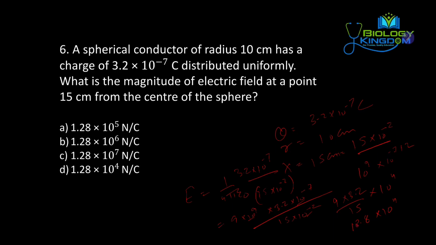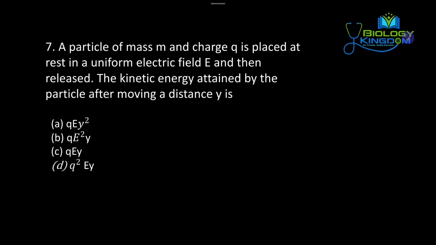And if we want to write it, we'll write it as 1.28 into 10 raised to power 5. If we multiply by 10 and divide by 10, it will become 1.28 into 10 raised to power 5 Newton per coulomb. So option A is the right answer, you can see here. It's an easy question, we just have to put the values in the formula.